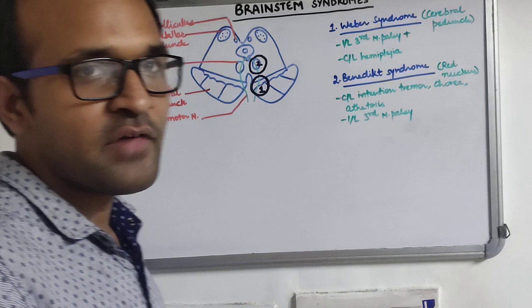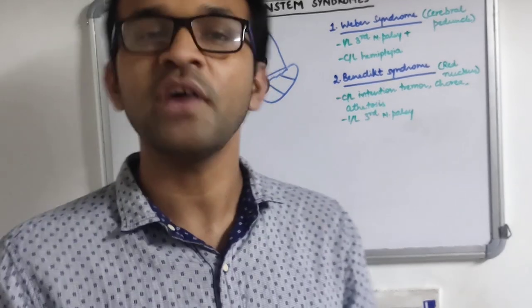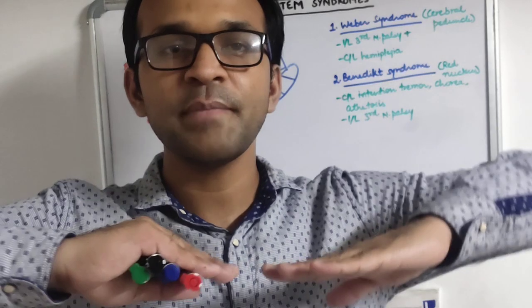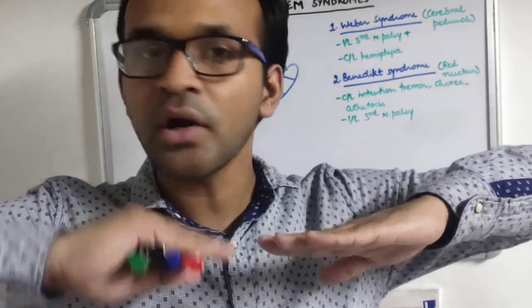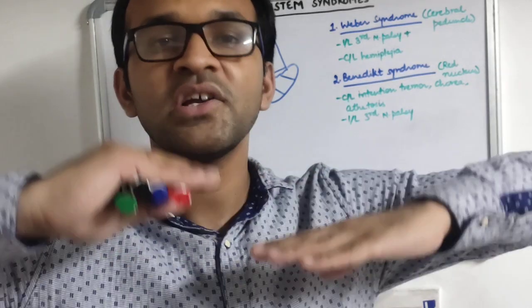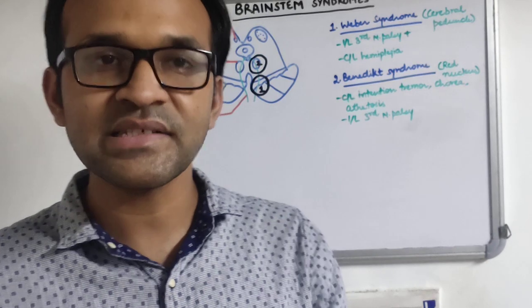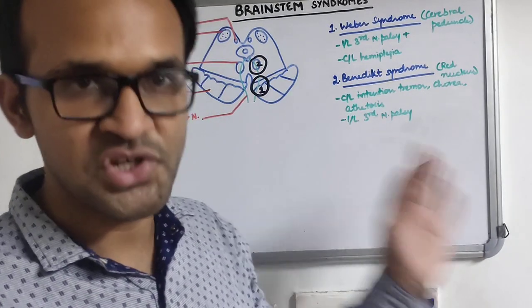Now let me tell you, the intention tremor due to injury to the red nucleus is very classical. If we ask the patient to keep his hands like this, he is not able to maintain this posture. This type of tremor is known as rubral tremor or wing beating tremor. They are classical of red nucleus injury.